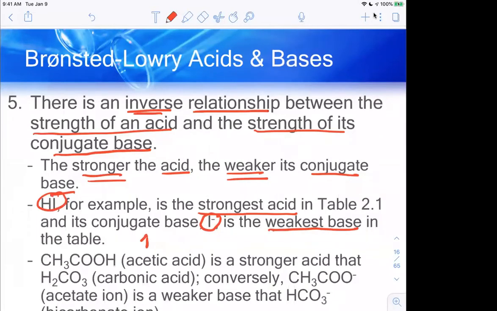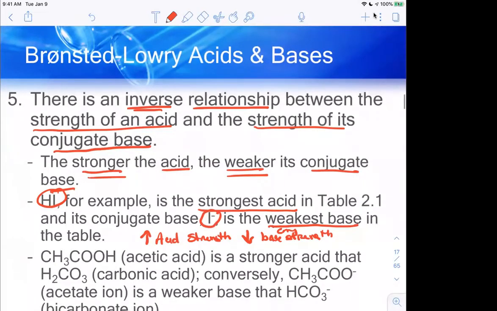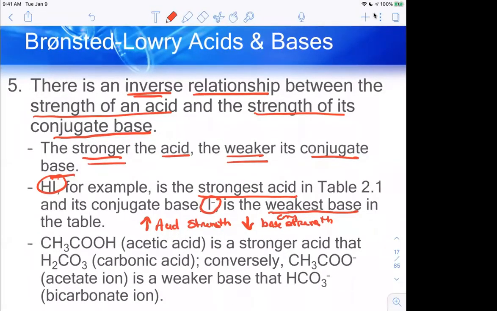So if I increase acid strength, I decrease base strength, and that would be conjugate base strength. Acetic acid is a stronger acid than carbonic acid, which means acetate is going to be a weaker base than bicarbonate.